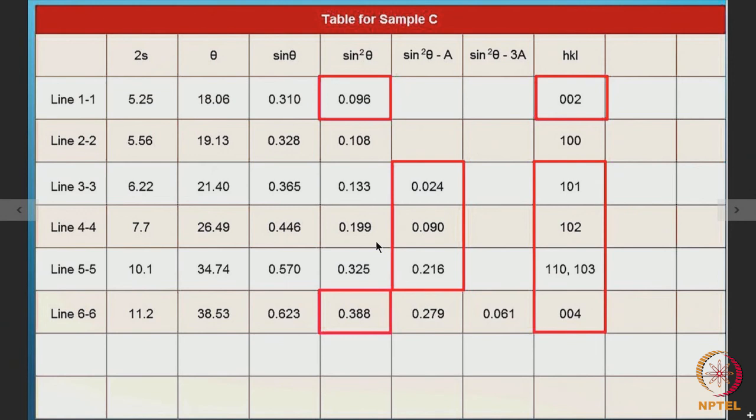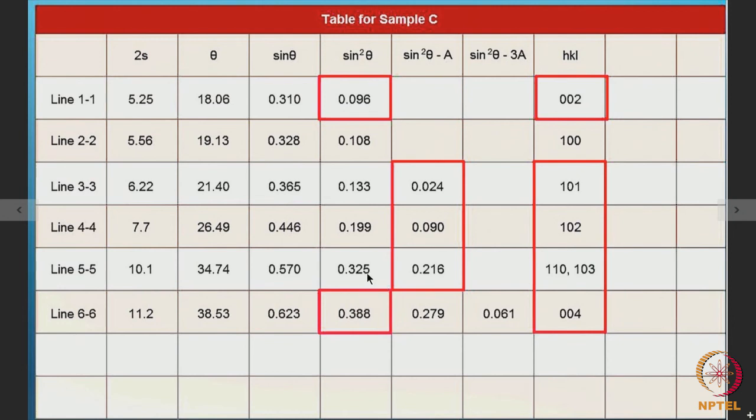That means, if L is 1, 2, 3, 4, then the corresponding values will be like this. If this is L is equal to 1, then this will be L is equal to 4, this is L is equal to 2. So, it will be 4 times that, and it will be 9 times that. If this is L is equal to 1, this will be L is equal to 3, this is 16 times this value, so this will be L is equal to 4.